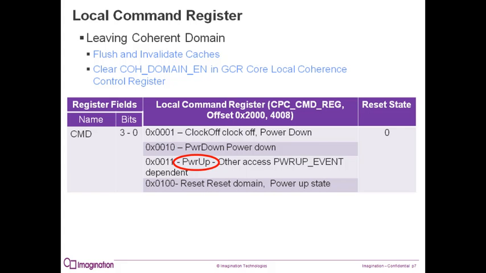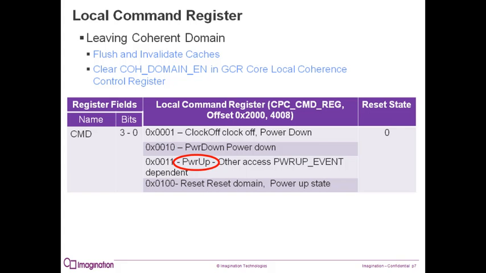If the domain is powered down, a power up command will enable the power for the domain and bring the domain into an operational state of non-coherent execution. However, when bringing the domain up after a power down command is executed, the reset command is generally preferred to a power up.